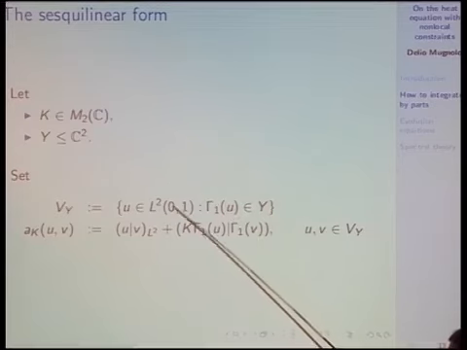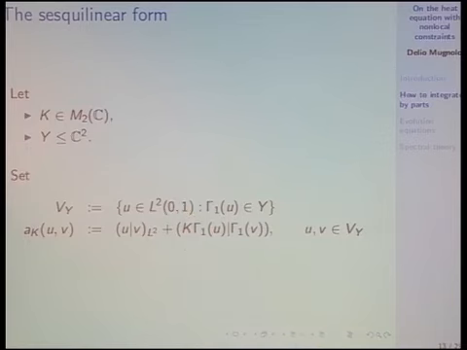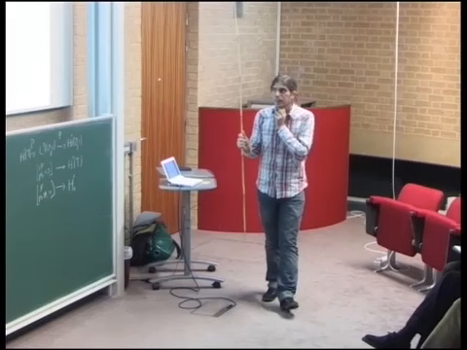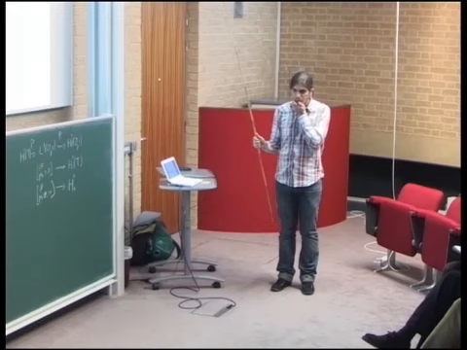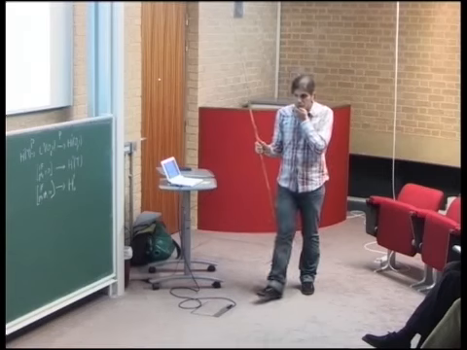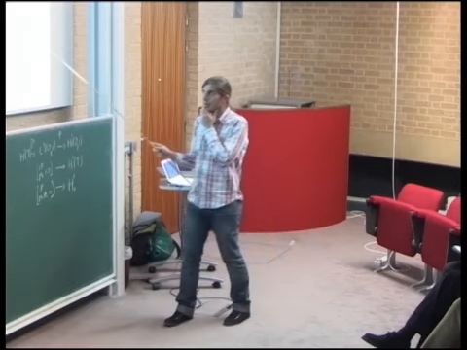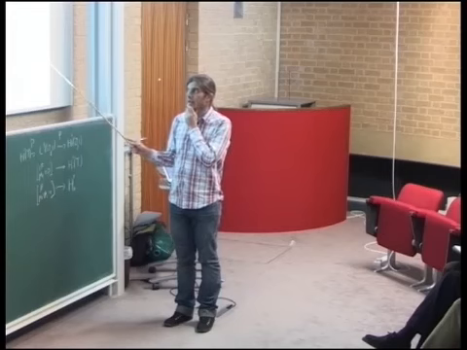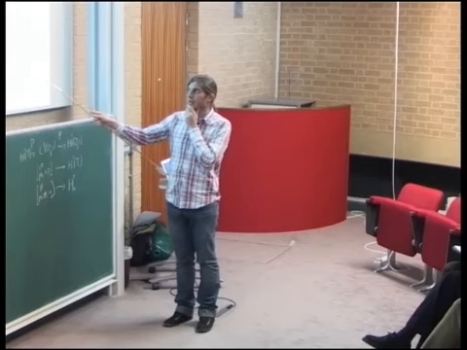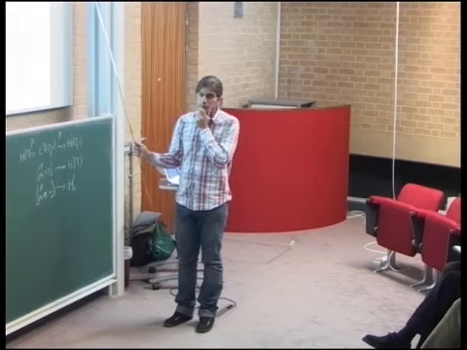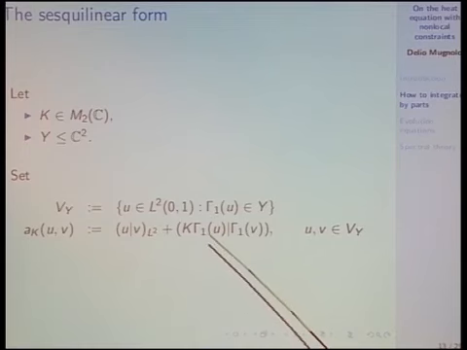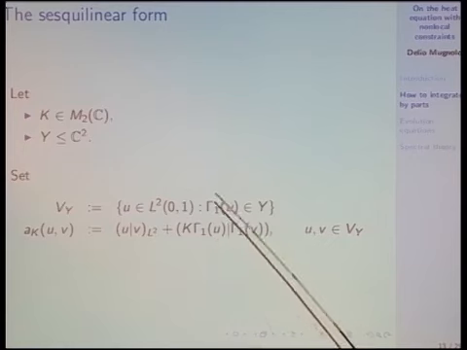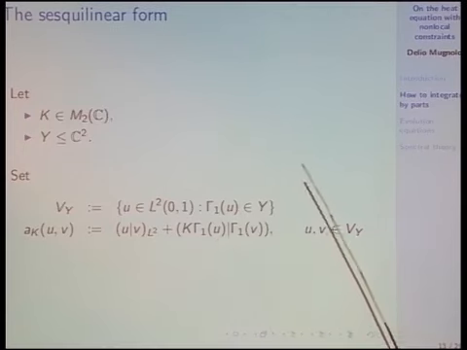This kind of setting is quite common in mathematical physics, because this is the whole idea of boundary triples. If gamma 1 is the trace operator and gamma 2 is the normal derivative, then you can show, for instance, that all the self-adjoint extensions of the second derivative on an interval take this form, for a different choice of gamma 1 and gamma 0.